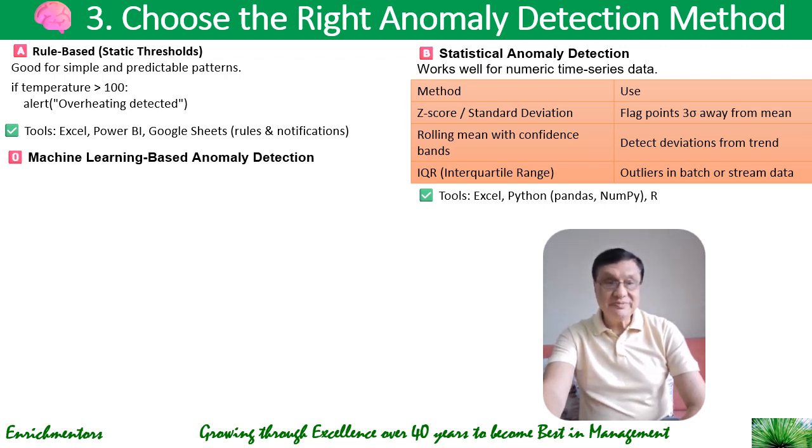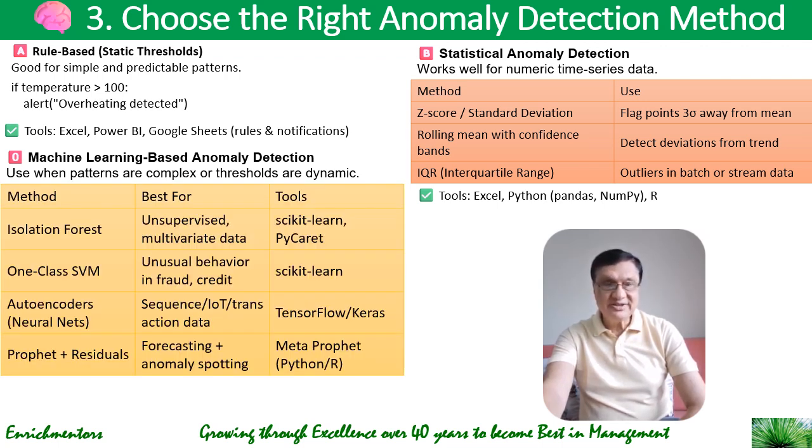The third one is machine learning based anomaly detection, which you use when patterns are complex and the thresholds are dynamic. And that's where again you start using AI really. Your methods are like isolation forest, which is best for unsupervised multivariate data, and there the tools are scikit-learn and PyCaret.